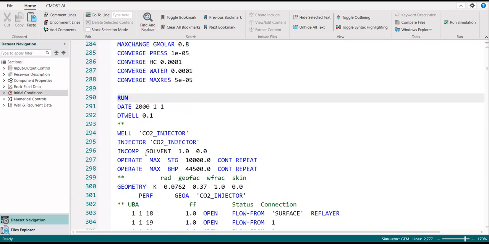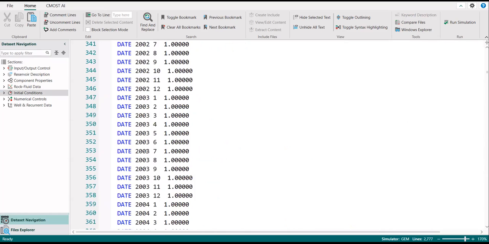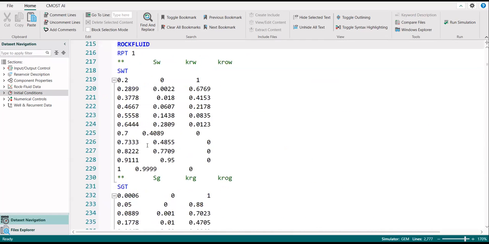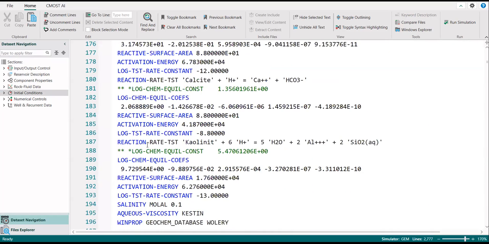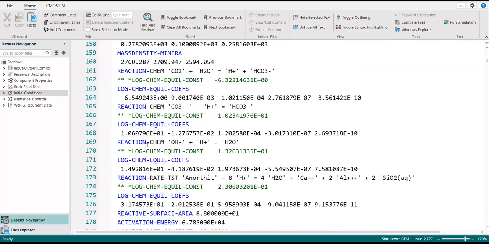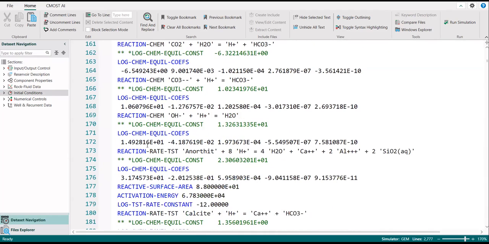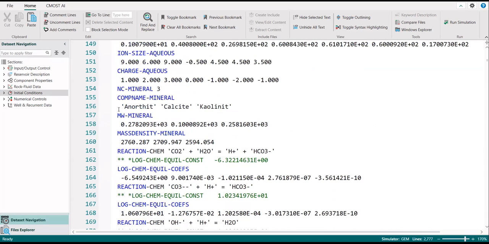All right, and then let's see what do we have here. If you're interested, after you add mineral reaction in WinProp, you will generate some keywords actually in this .dat file. And maybe we can discuss this.